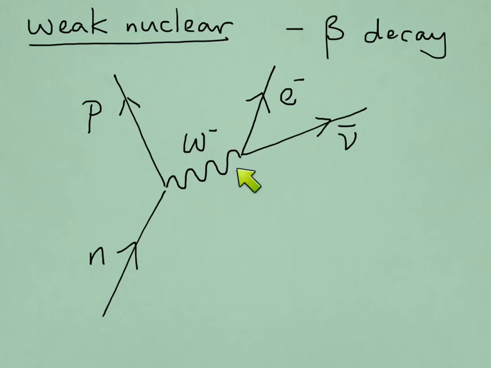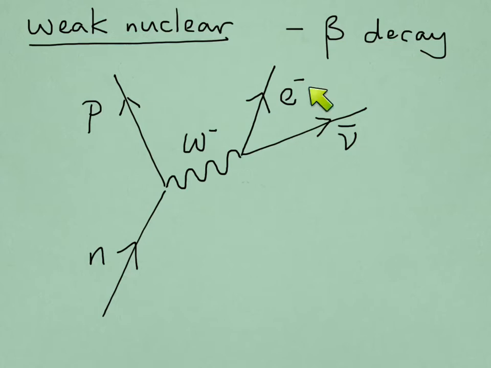At this junction, there are no particles going in, but we've got two leptons coming out. So we've got an electron and an anti-neutrino. The reason this is an anti-neutrino is because the lepton number must be conserved. So no leptons went in. We've got a lepton number of +1 for the electron because it's a normal particle, and a lepton number of -1 for the antineutrino because it's an antiparticle.